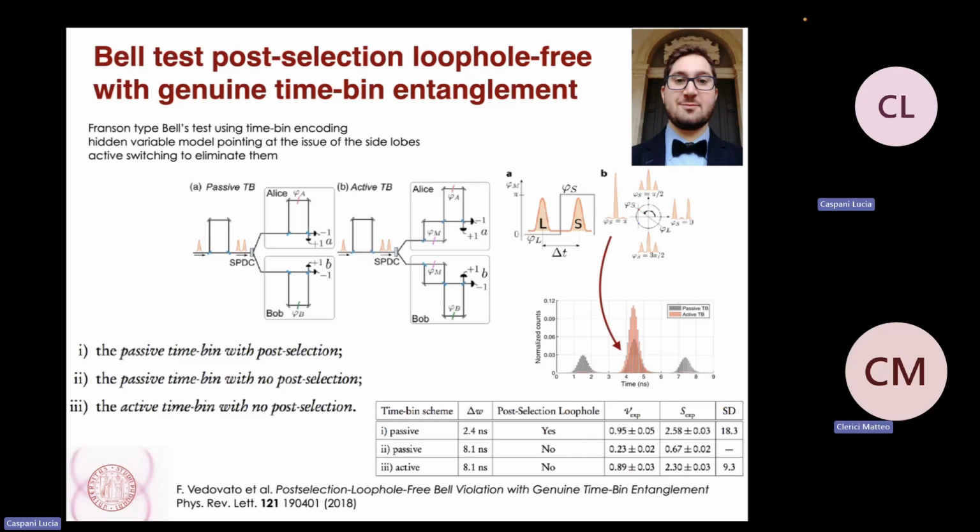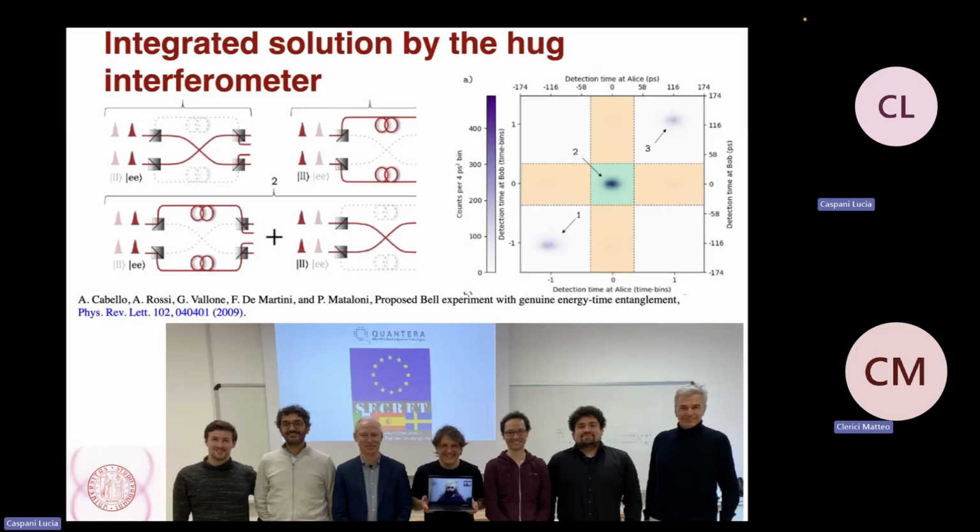And so we get rid of the side lobes and obtain the first post-selection-loophole-free Bell violation in the case of timing.